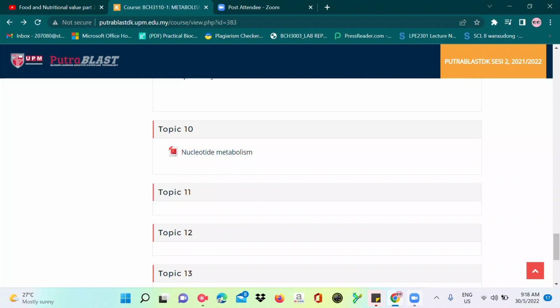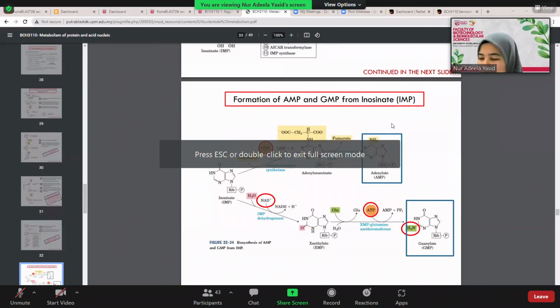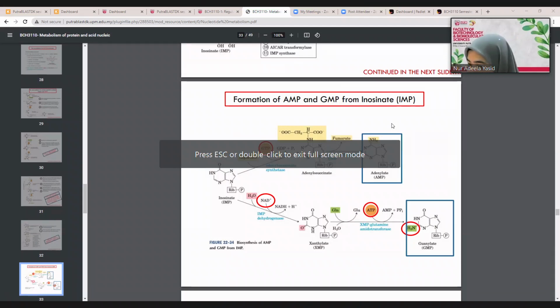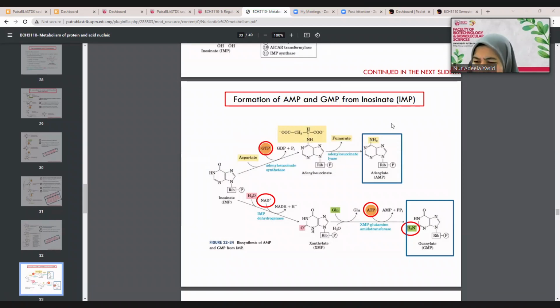As I mentioned last week, you should be able to differentiate the structure of the nucleotides. What is the difference between adenylate and guanylate? Is it in terms of the functional group, or maybe the location of certain molecules? You should be able to identify that.